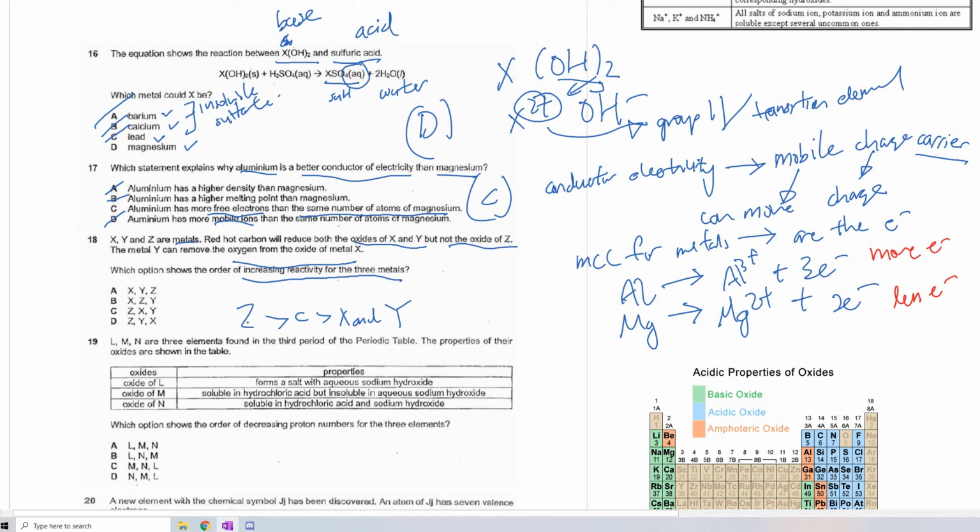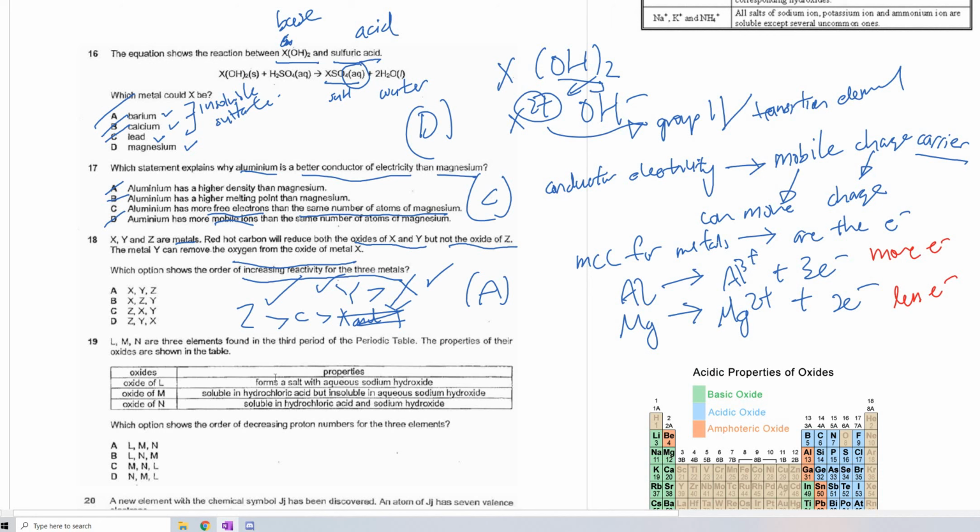Next, the sentence tells us that metal Y can remove oxygen from the oxide of metal X. This suggests that Y would want to react with oxygen more than X. So we have the reactivity of these three metals shown here. The correct answer is option A, where X is the least reactive, followed by Y and Z.